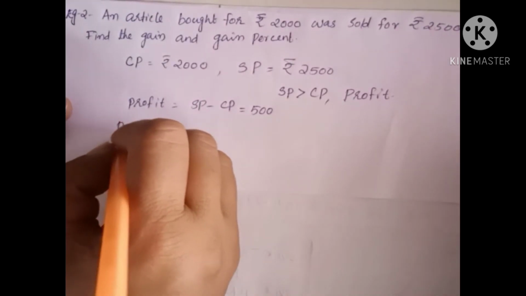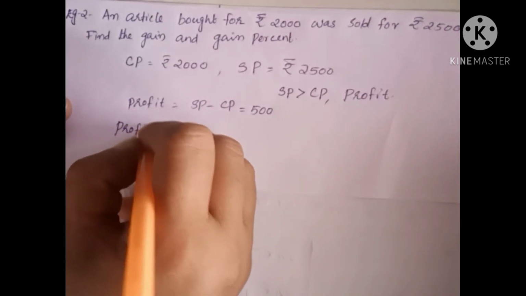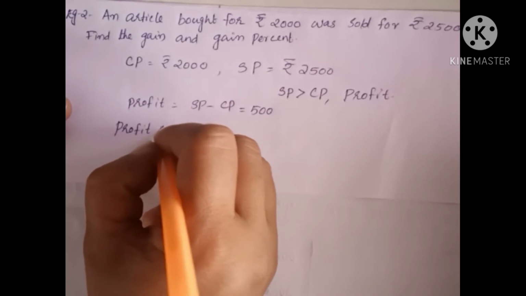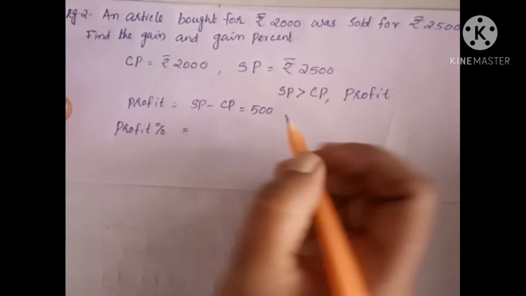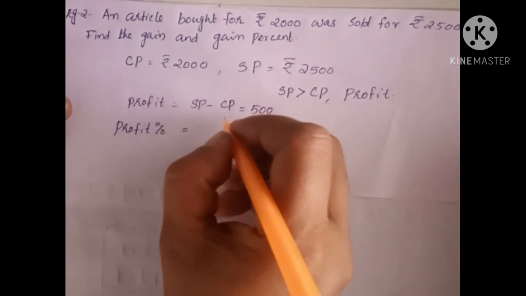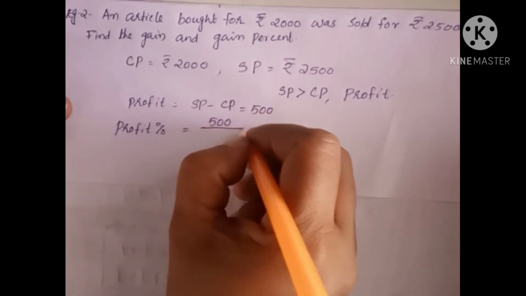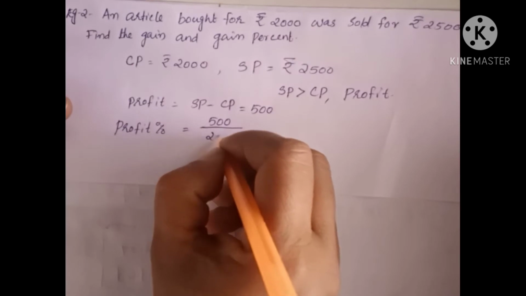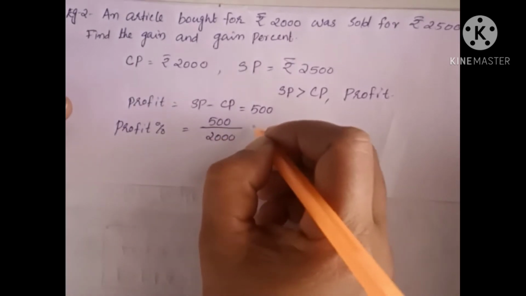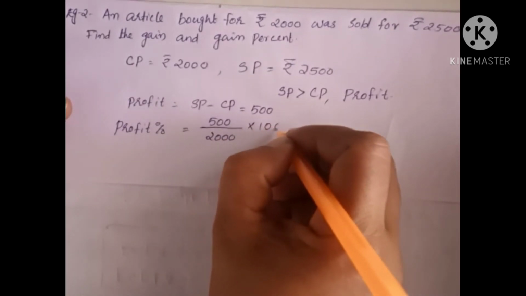Then profit percentage equals profit by CP into 100. How much is the profit? 500 rupees. 500 by CP, CP equals 2000, 2000 into 100.